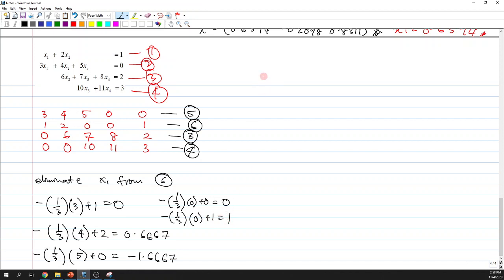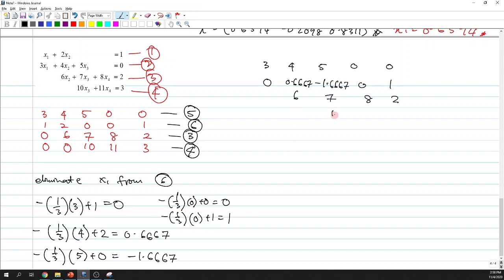Okay, and then we rewrite again. So what we get here is 3, 4, 5, 0, 0, and then this one, the new one, 0, 0.6667, negative 1.6667, 0, and then 1, and then the other is 6, 7, 8, 2.